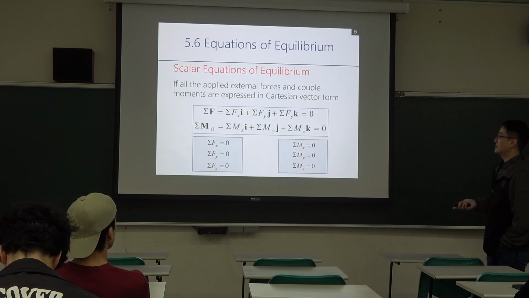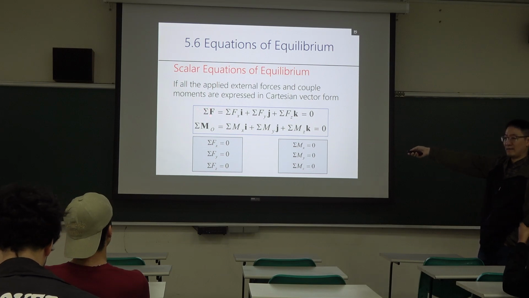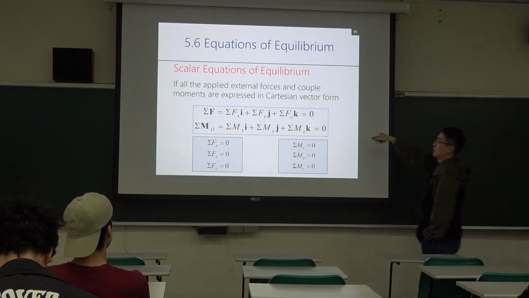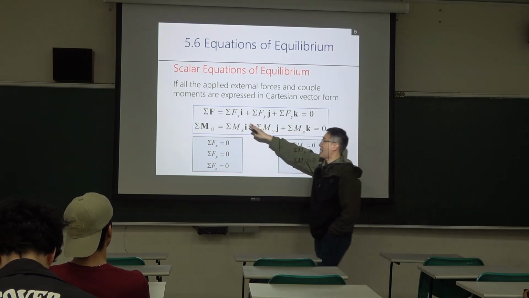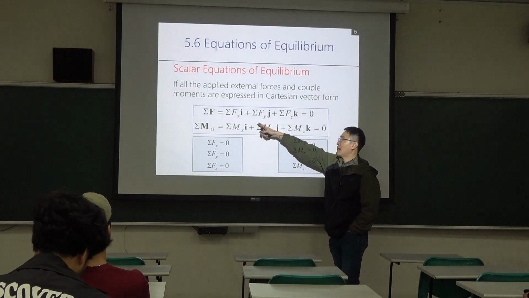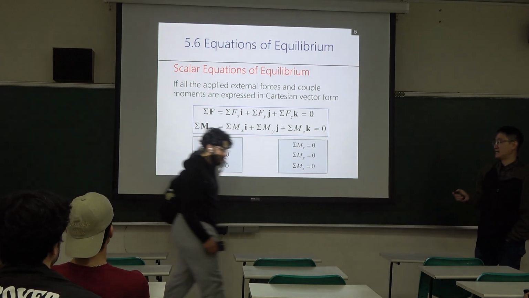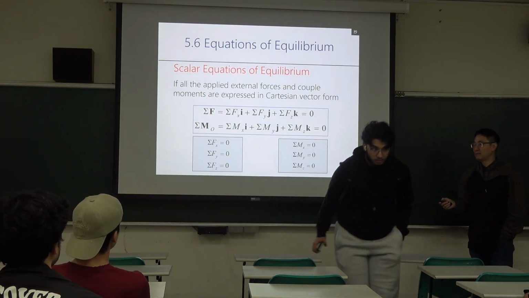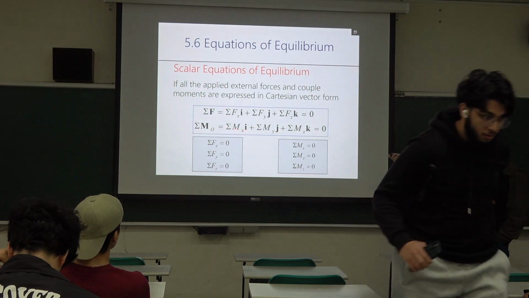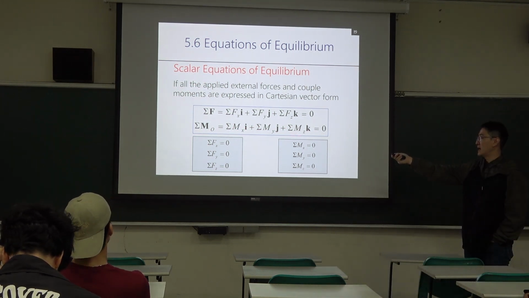Okay. So for the summation of force, we can divide it into three components, X, Y, Z, three directions. The same as bending moment, we can work out three directions of bending moment.